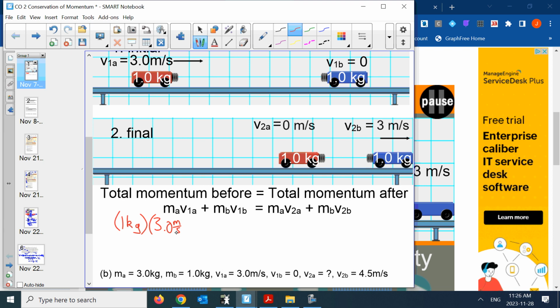And I should be using 1.0 just so I have 2 significant figures. Now I'm not putting anything down for MB, V1B because it's 0.